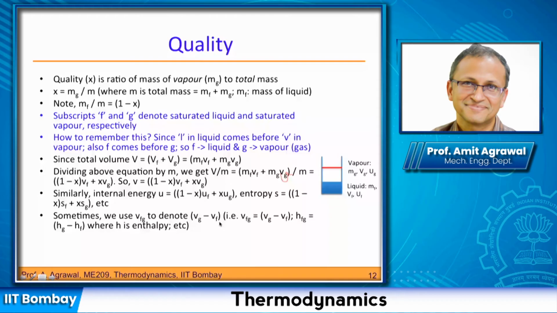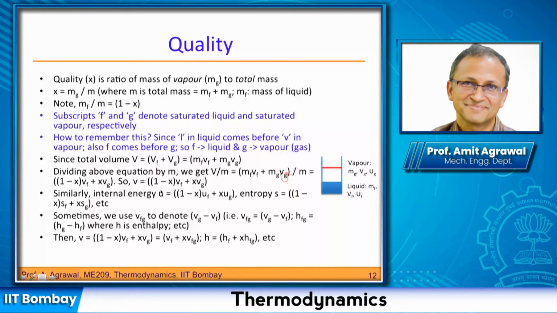So you'll always write it out as VFG, meaning that it is VG minus VF, and this will be a positive quantity for you. And then how you would use this is, again, going back to the equation for specific volume.